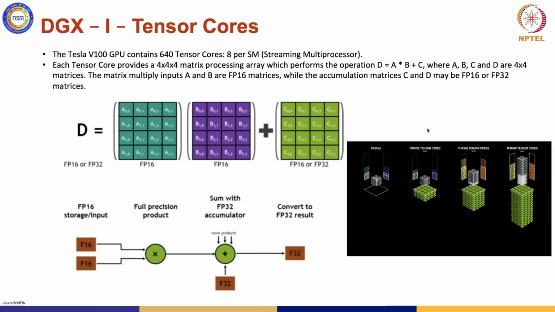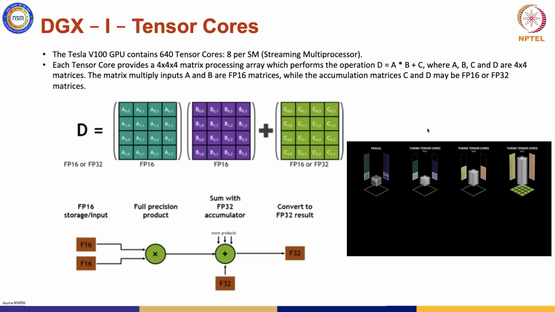There is an animation running on the slide which tells you how these tensor cores can process floating point operations, FP16 or FP32 or int4 and so on and so forth.